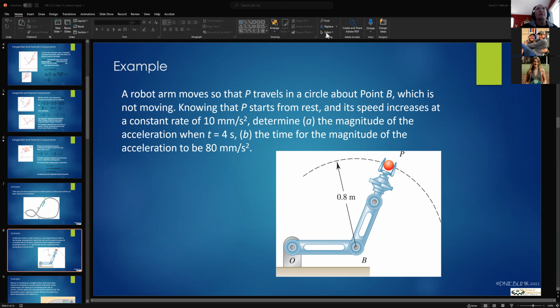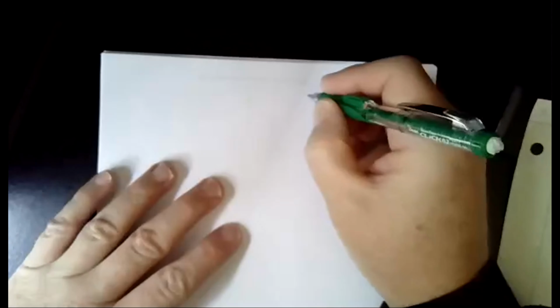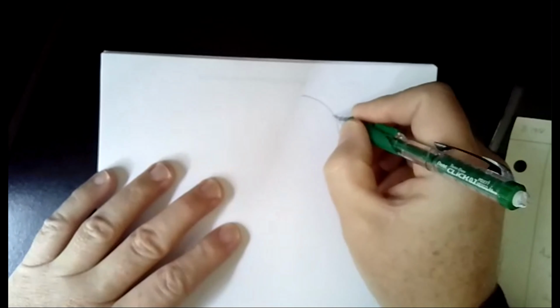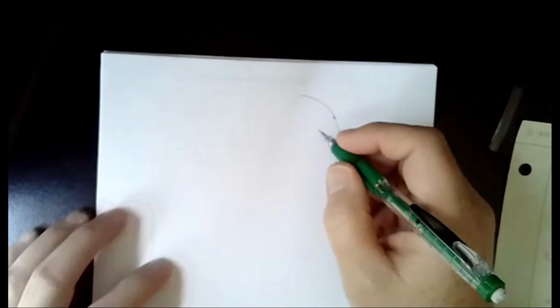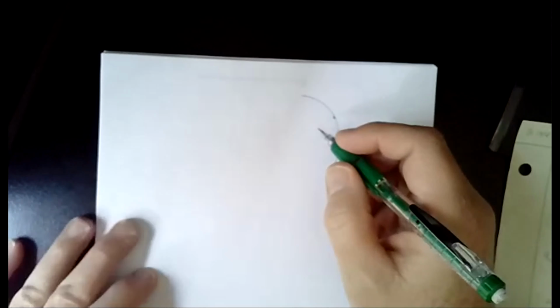Now, oops, there we go. And so we know that we have a particle P up here, moving, and we're given that the radius is 800 millimeters.